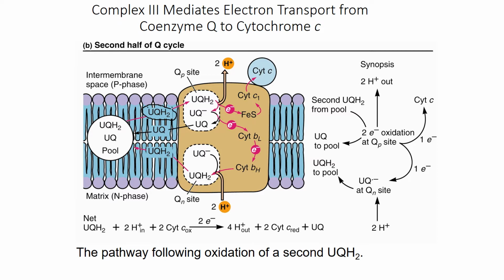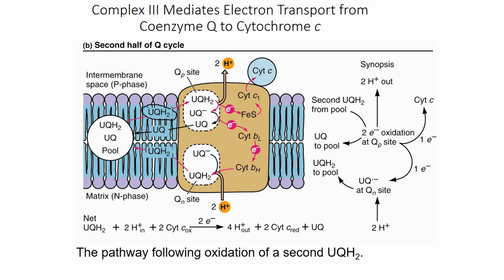We have 1 electron transfer to the iron sulfur center, to cytochrome C1, to cytochrome C. Second electron transfers to cytochrome BL, to BH. And then again, from the first phase, we have the semiquinone.